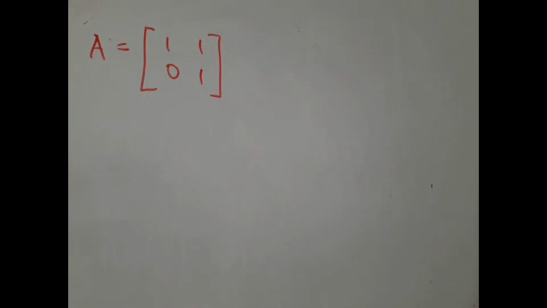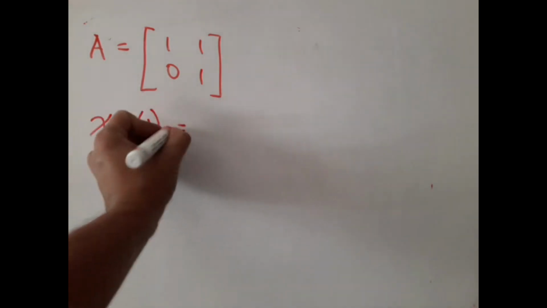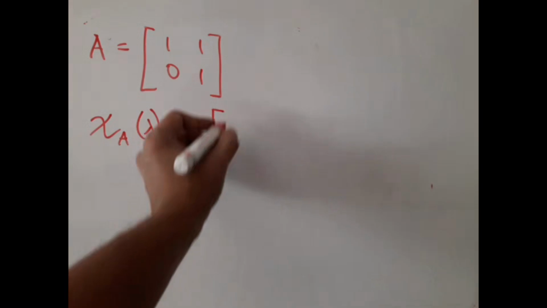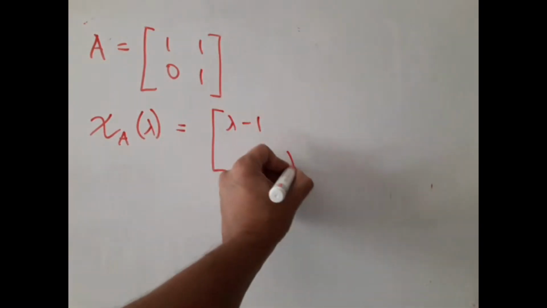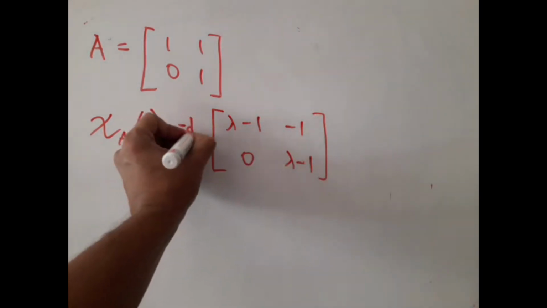Now all this may be quite confusing, so I shall give you a simple example. Suppose I work with this matrix A and want to find its eigenvalues. It is easy to find its characteristic polynomial, which is the determinant of lambda minus 1, minus 1, 0, lambda minus 1.